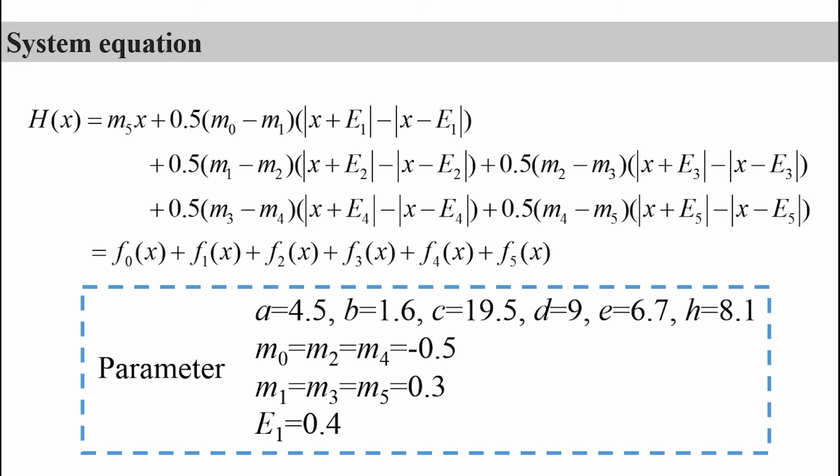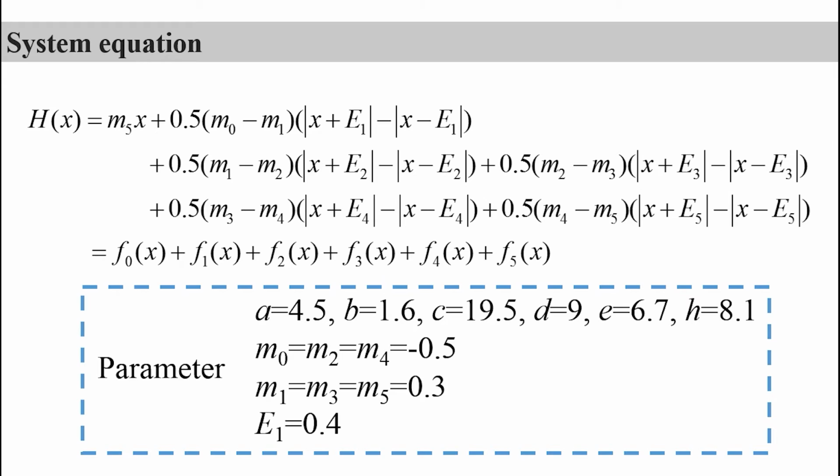When the system parameters take a is 4.5, b is 1.6, c is 9.5, d is 9, e is 6.7, h is 8.1. m0, m2, m4 are all 0.5. m1, m3, m5 are 0.3.